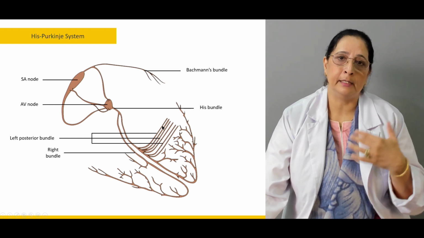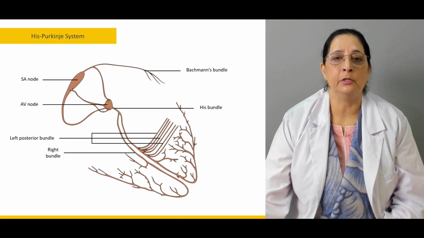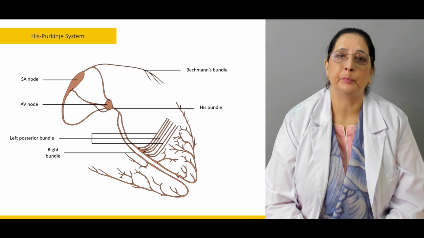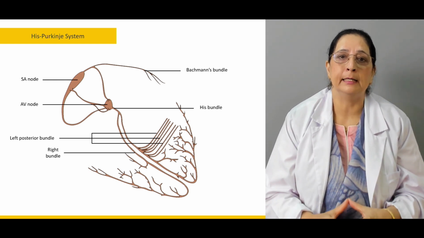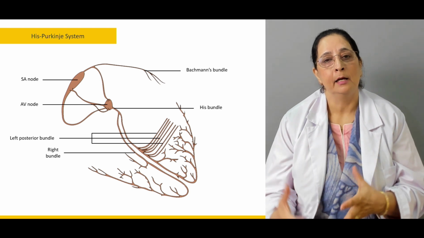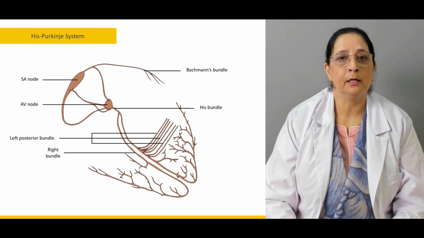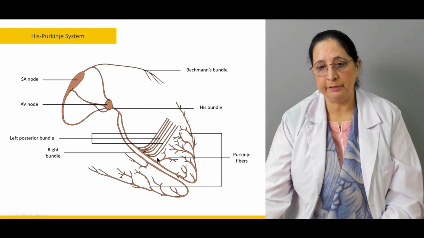All of these are the anatomic essentials known as the His-Purkinje system, which is responsible for the conduction of the electrical impulse that causes the contraction of the heart muscle. And then we have the Purkinje fibers here.